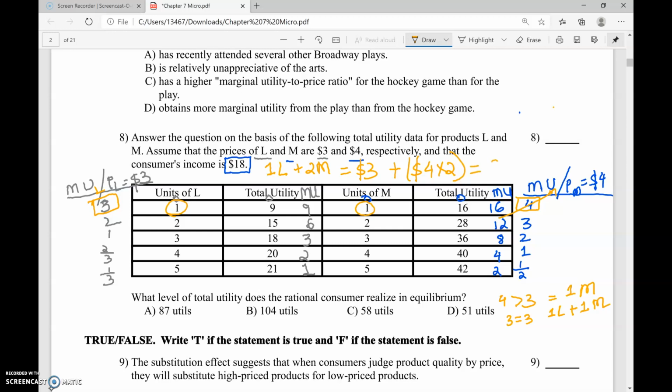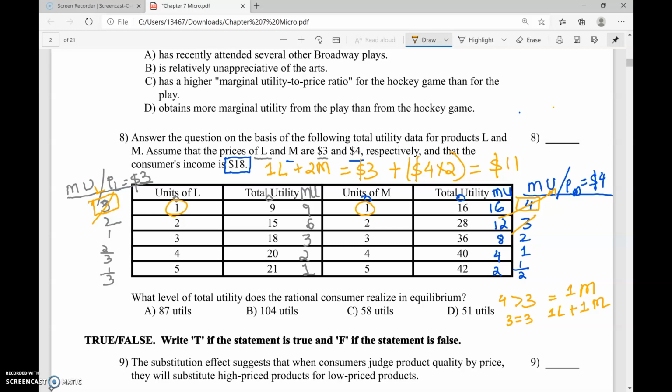So spending $11 here. But the consumer has an income of $18. So the consumer needs to spend all his money, and we are not going to stop at this point. I'm just going to keep on comparing more numbers here.